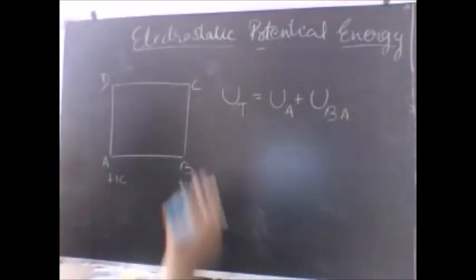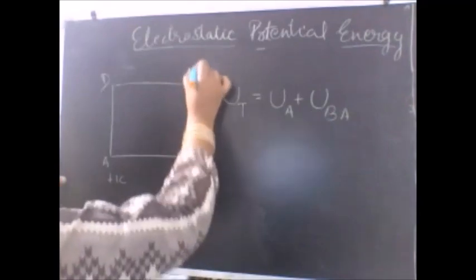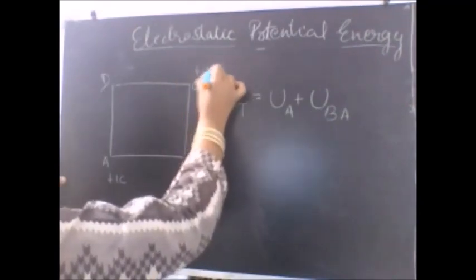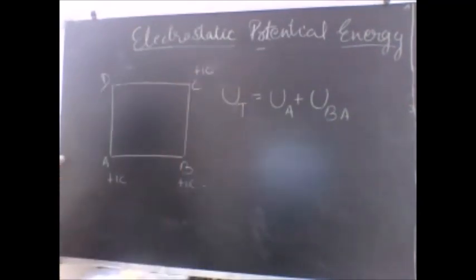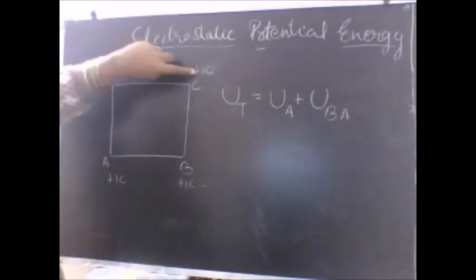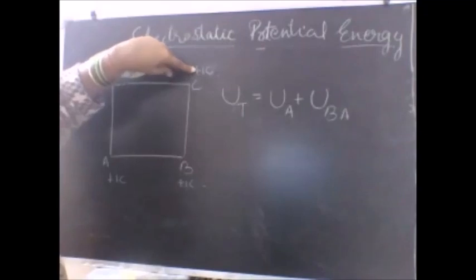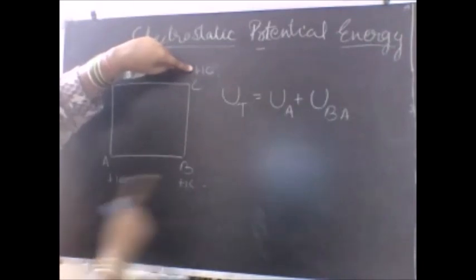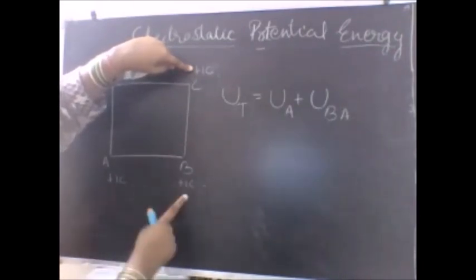Similarly, assume that now there is another plus 1 coulomb charge that I want to bring and put at the point C. When I want to bring this plus 1 coulomb charge here from the infinity and put it here, I have to do again a lot of work. Why? Because now for this charge, A and B both are acting as the source charges.